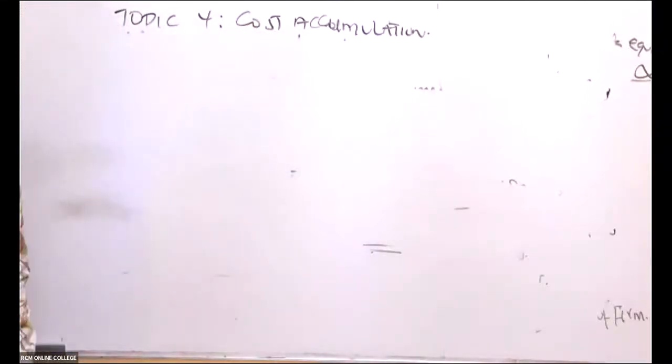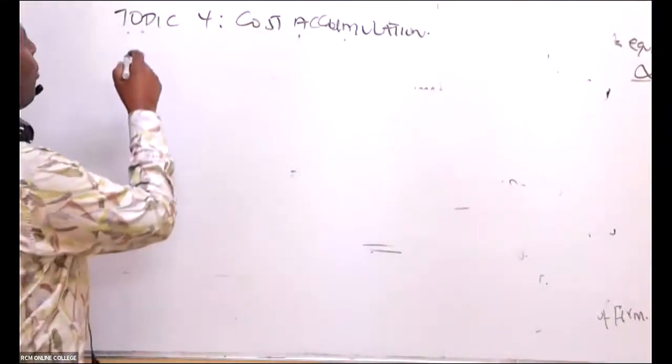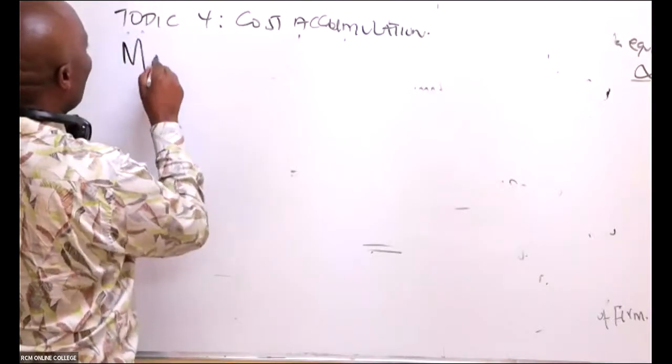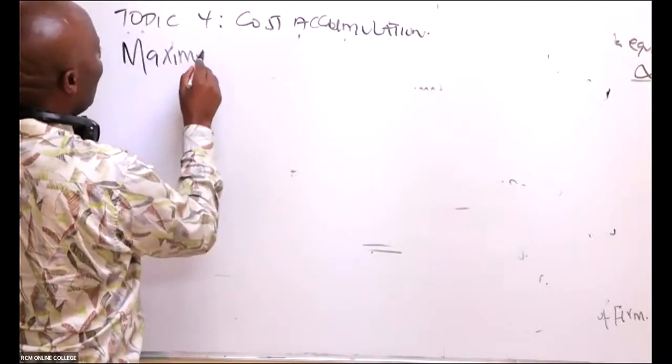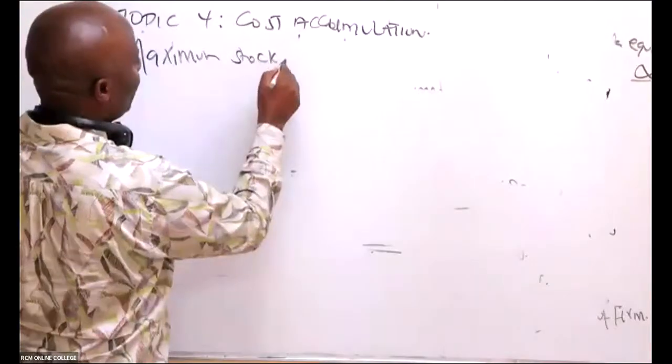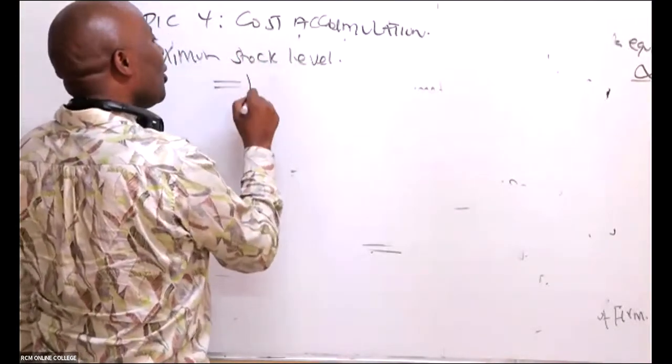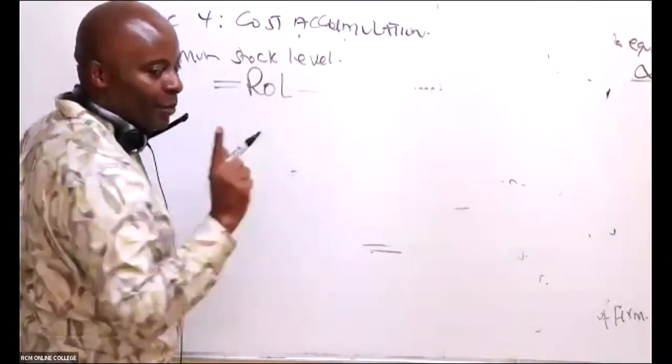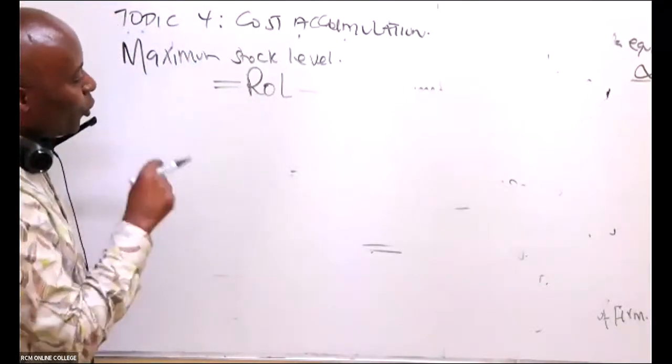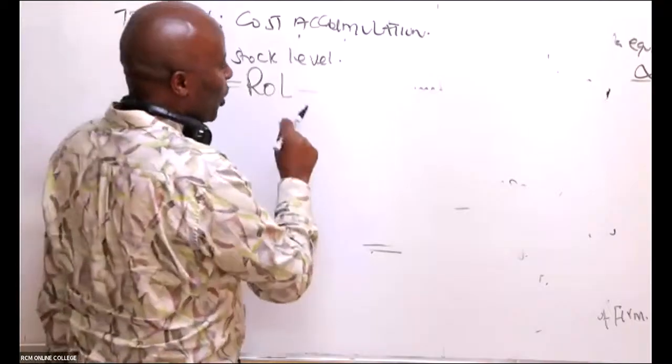So remember, for maximum stock level, we said for you to reach your maximum in life, you must roll to your minimum. Life must subtract you.